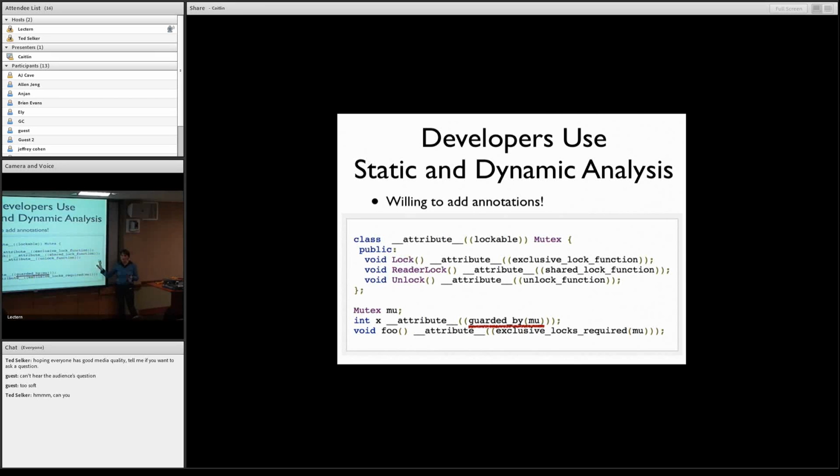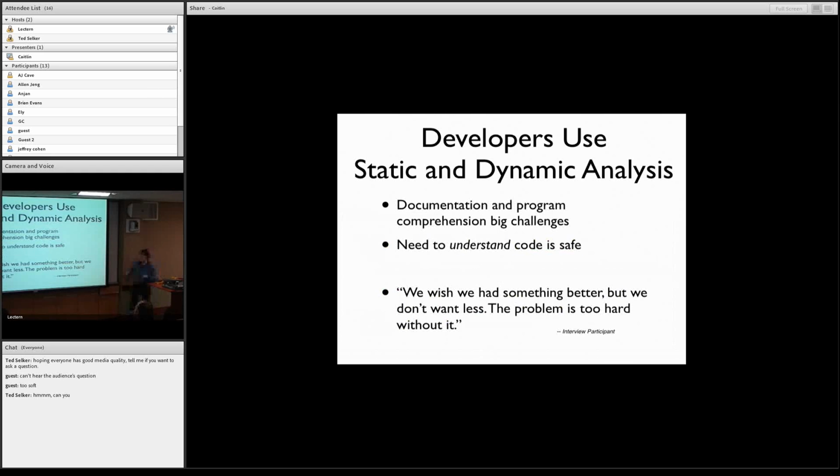So there's actually a large amount of code that's been annotated in this way, and people are willing to do that more. Now, specific teams have a wide range of feelings on whether they're interested in doing this, but it still is pretty popular. And the other reason is that when you talk to people, documentation and program comprehension are the big challenges for concurrency.